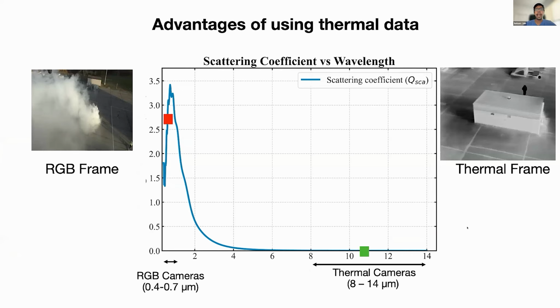You can see that the scattering, represented by this green rectangle, is much less. So our method can leverage the color information from the RGB images and the spatial information from thermal images to do joint RGB thermal 3D reconstruction. Leveraging these complementary modalities can make the 3D reconstruction more robust and useful to firefighters.